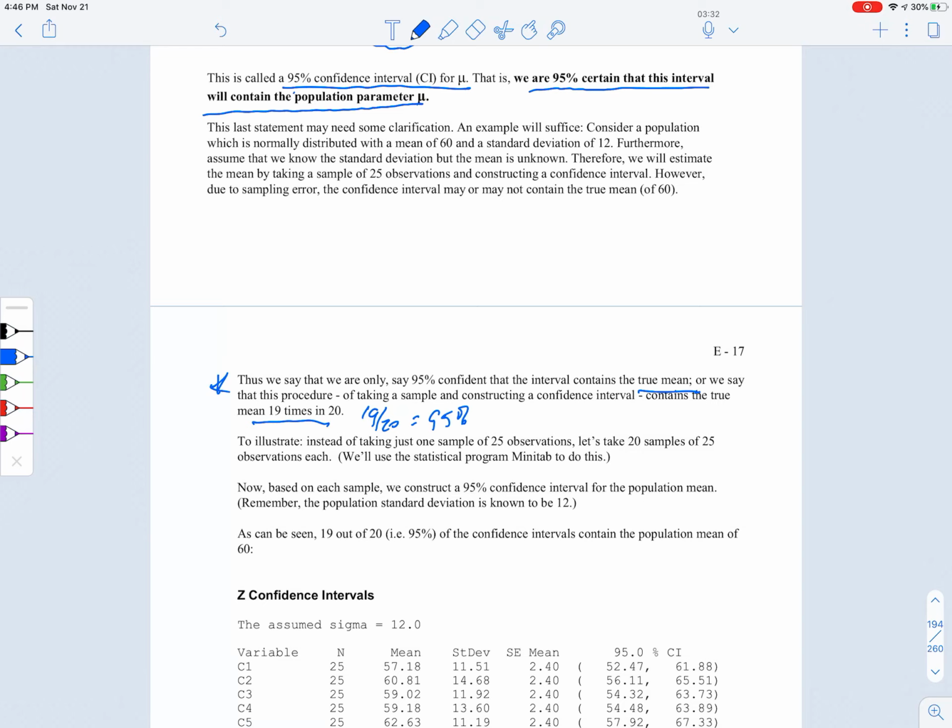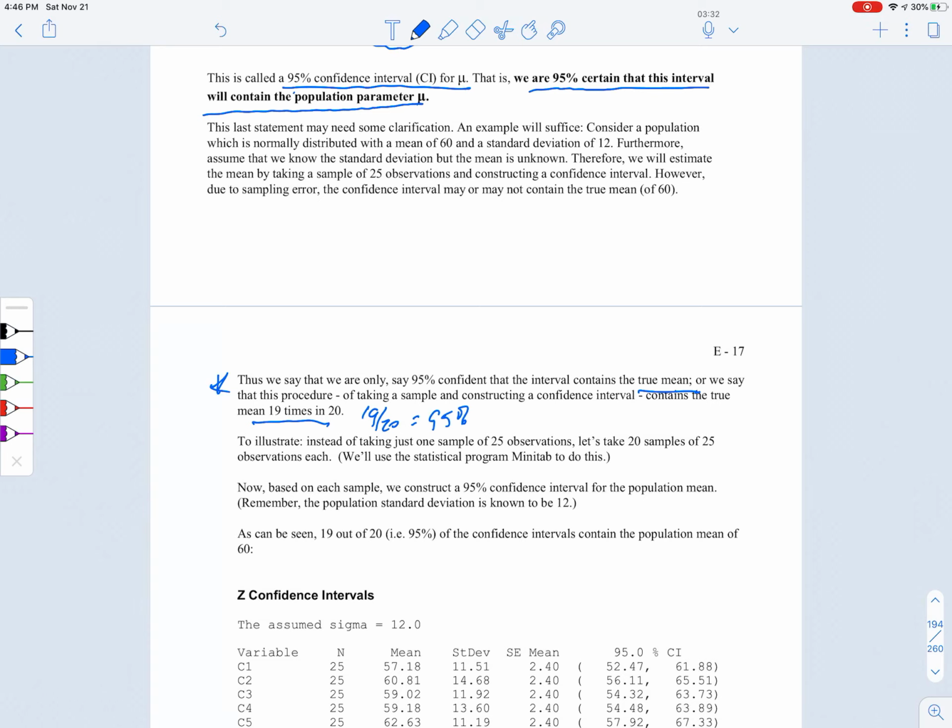Let me put it to you another way, though. Suppose I want to make sure that the confidence interval that I build contains the true mean. Let's say I'm estimating IQs of college students.